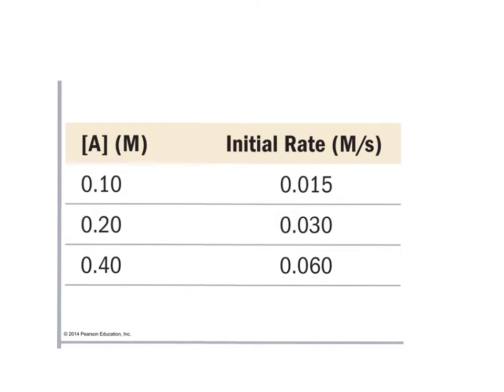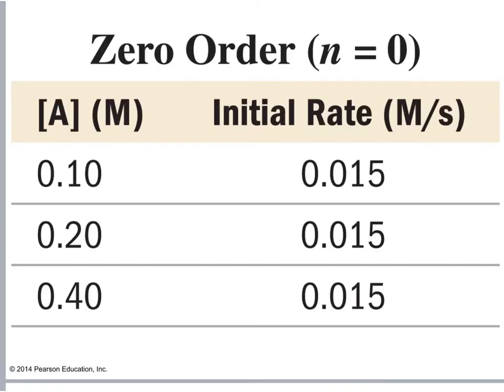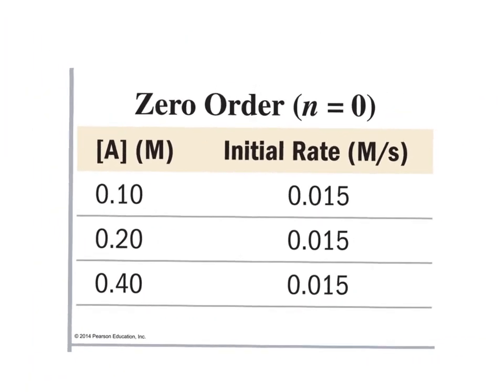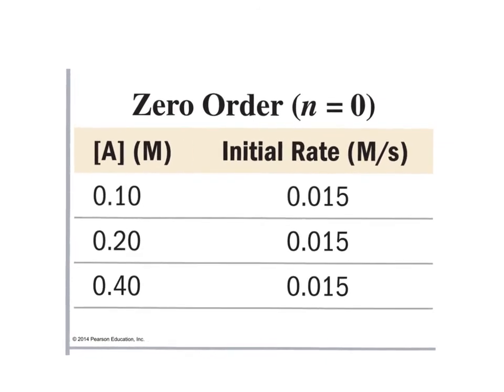So you would say that the order with respect to A is 2 because it's doubling, right? But we can also have, like I said, 0 order. So in other words, A can have no effect on the initial rate. Okay? So again, at point 1, 0.015. At point 2, 0.015. At point 4, 0.015. So if reactant A is having no effect on that initial rate, then it is a 0 order.